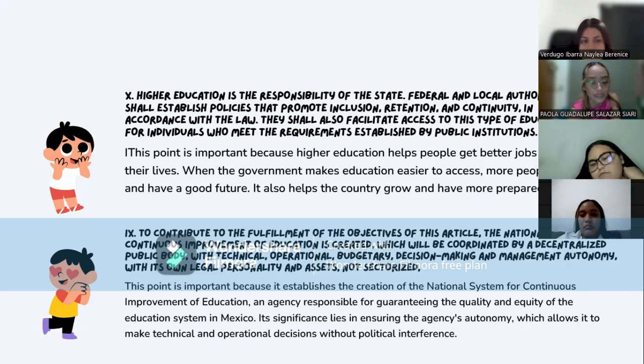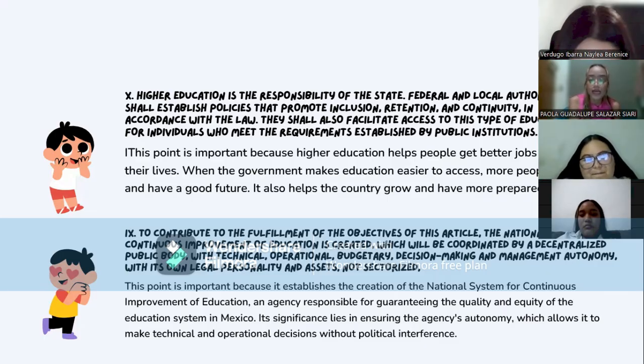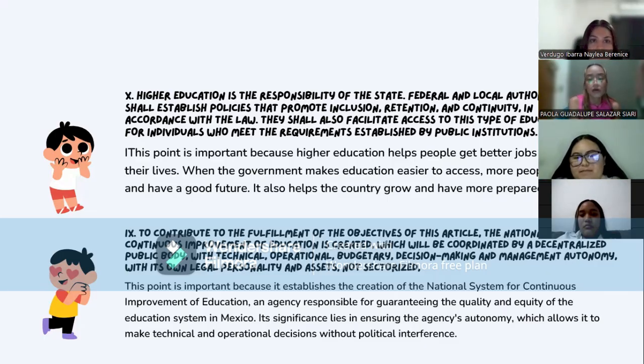This point is important because it establishes the creation of the national system for continuous improvement of education, an agency for guaranteeing the quality and equity of the education system in Mexico. Its significance lies in ensuring the agency's autonomy, which allows it to make technical and operational decisions without political interference.